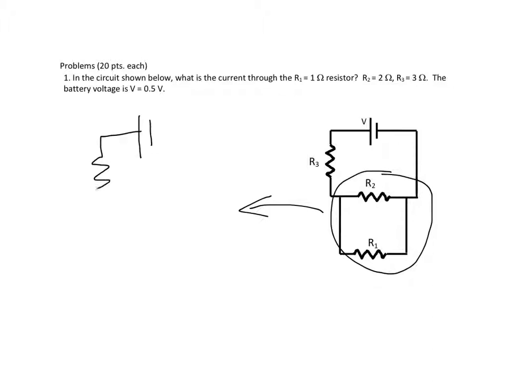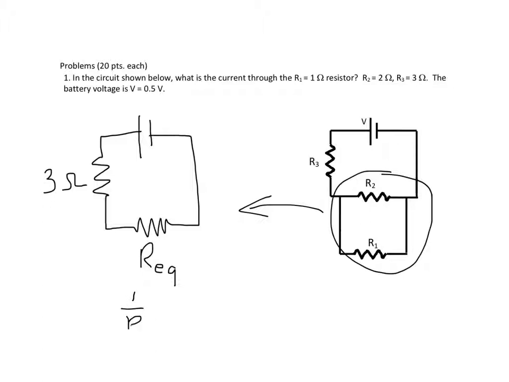So we have R3 here, and then we have an equivalent resistor here, and R3 is 3 ohms. To determine this, we must add these 2 in parallel.